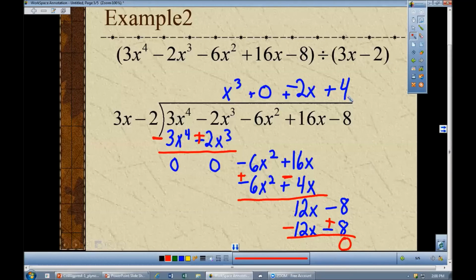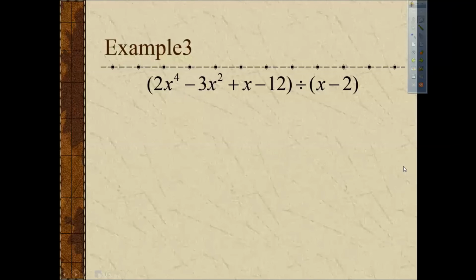So my quotient, if I write it out, is x cubed minus 2x plus 4. And we have no remainder this time. Remainder is 0.